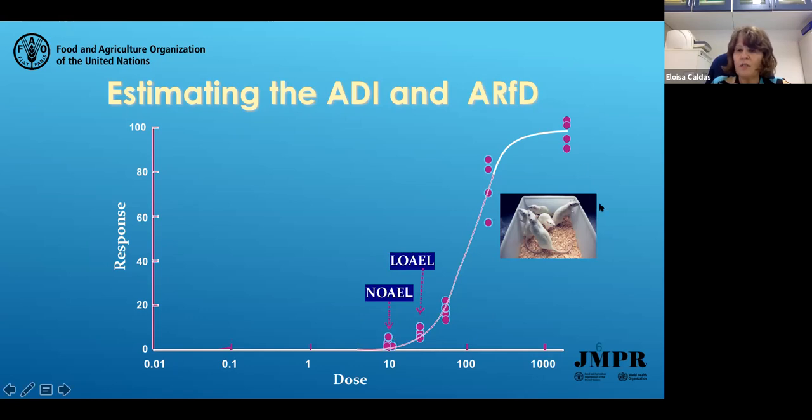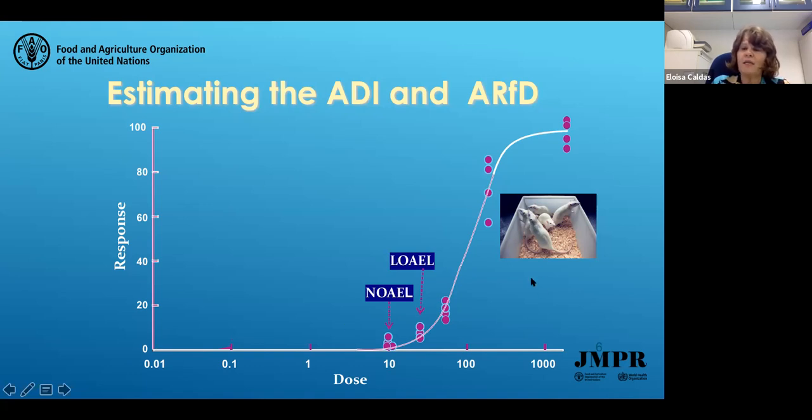Sometimes we derive a NOAEL from studies conducted in rabbits, in dogs, but in most cases they are rodents, rats or mice. And this NOAEL coming from the rat studies indicates the dose to which the animal was exposed that caused no adverse effect compared with the controls.